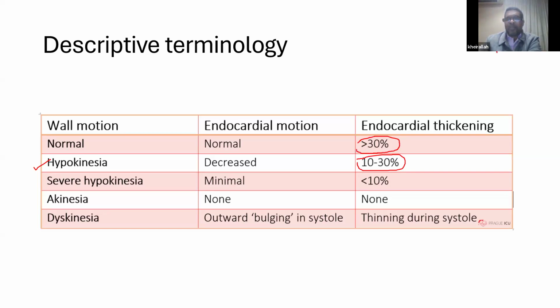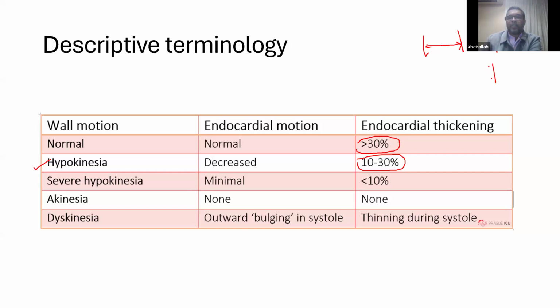Yani the segment, if this segment is like this, when it contracts, it goes like this. So if you compare this one to this one, how much it changes, it is more than 30% increase in thickening. But hypokinesis is less than 30%. Akinesis is when there is no contractility at all.